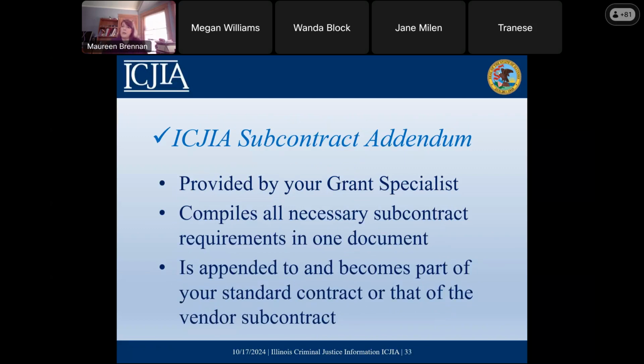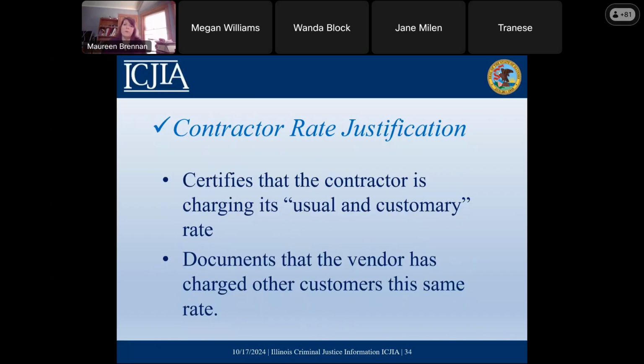As I said, that subcontractor addendum is provided by your grant specialist. It puts all of the required provisions in one document that is added on to your standard contract, or that of your landlord for the lease of your space. That contractor rate justification certifies that the contractor is charging the usual and customary rate, that they're not charging a higher rate of compensation because this is grant money or because you have that much money available in your budget.